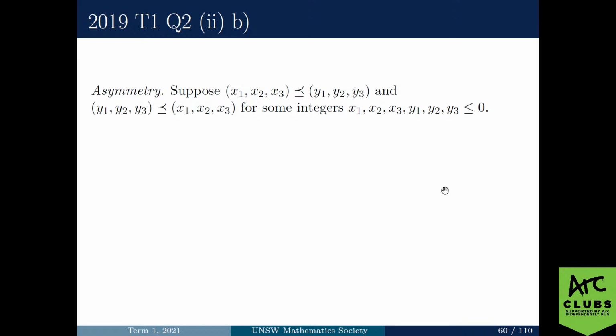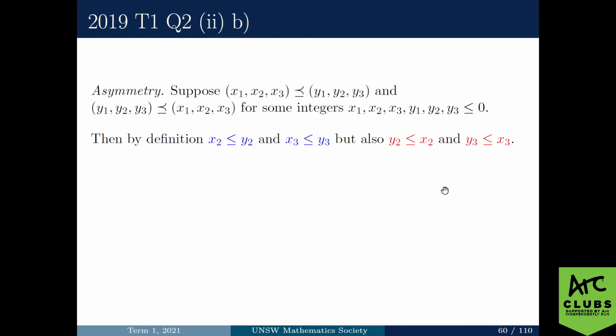If you remember those diagrams dealing with relations, it's the one where there are no double lines between two nodes, okay? So we start off by assuming that A is related to B and B is related to A. In this case, it's not A and B, it's the tuple x1, x2, x3, and the other tuple would be y1, y2, y3, right? And it's for the integers that are larger than or equal to 0, not less than or equal to, okay?